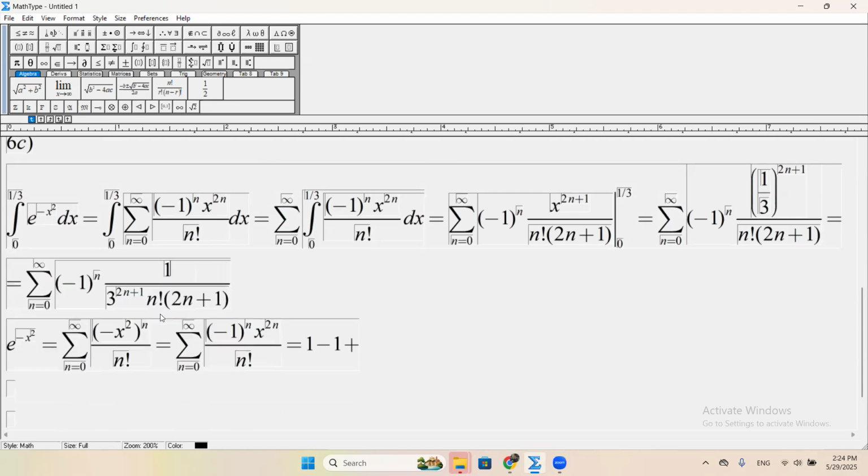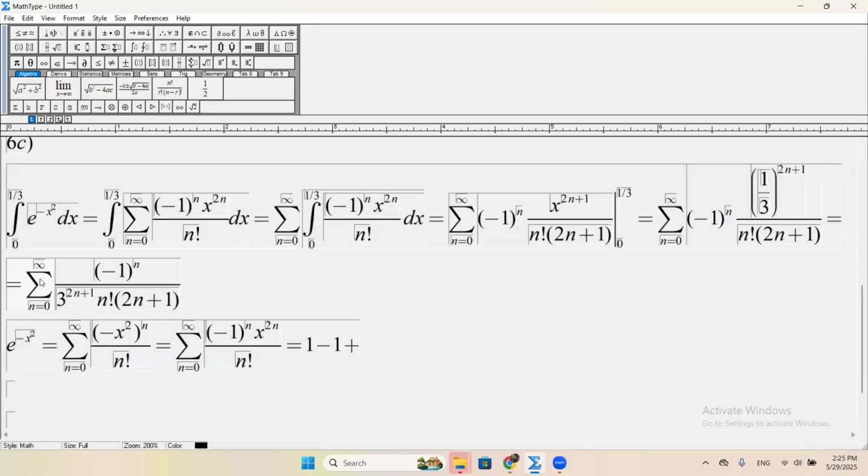Here will be just 1. Okay, let me move minus 1 to the power of n into the numerator. So actually, this is what the integral equals.